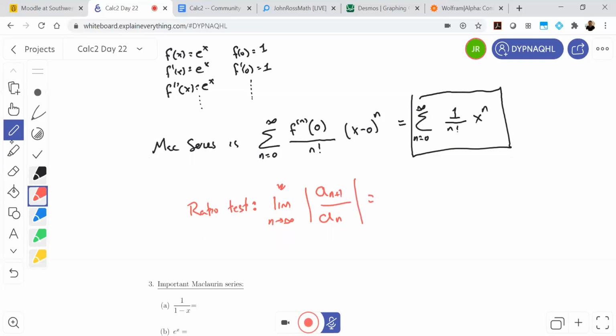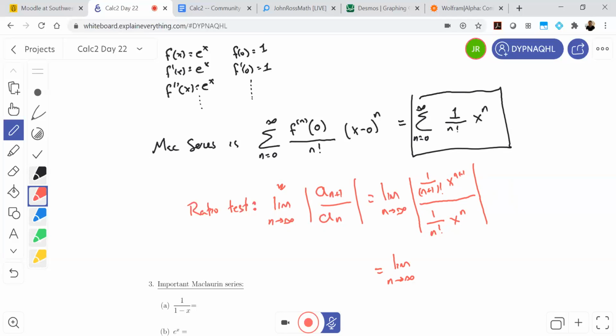And so that's just going to be equal to the limit as n goes to infinity of 1 over n plus 1 factorial, x to the n plus 1, divided by 1 over n factorial, x to the n. But this simplifies down so nicely, as these ratio tests tend to do.